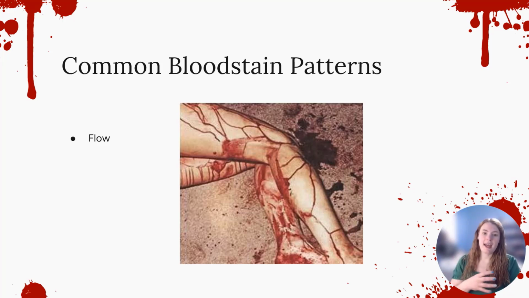So we can look at the amount of flow trails on the chest because that will tell us an estimate of how long the victim remains standing. If I got shot and there's just a little bit of flow and then I immediately fall over, you're going to see that. If I'm standing for a long time after I was shot, you're going to see a lot of flow patterns, maybe even down my legs, and then I'm going to fall over and you're going to see that change in orientation.